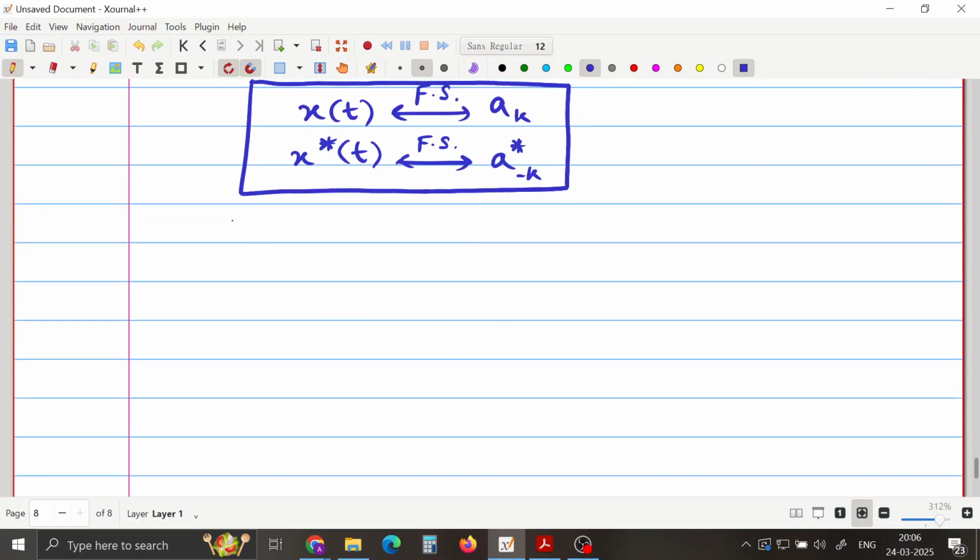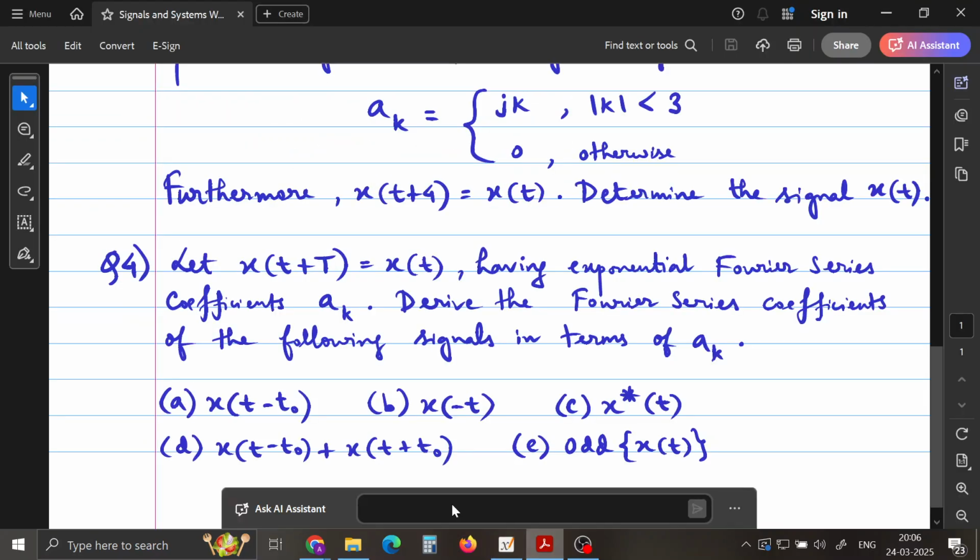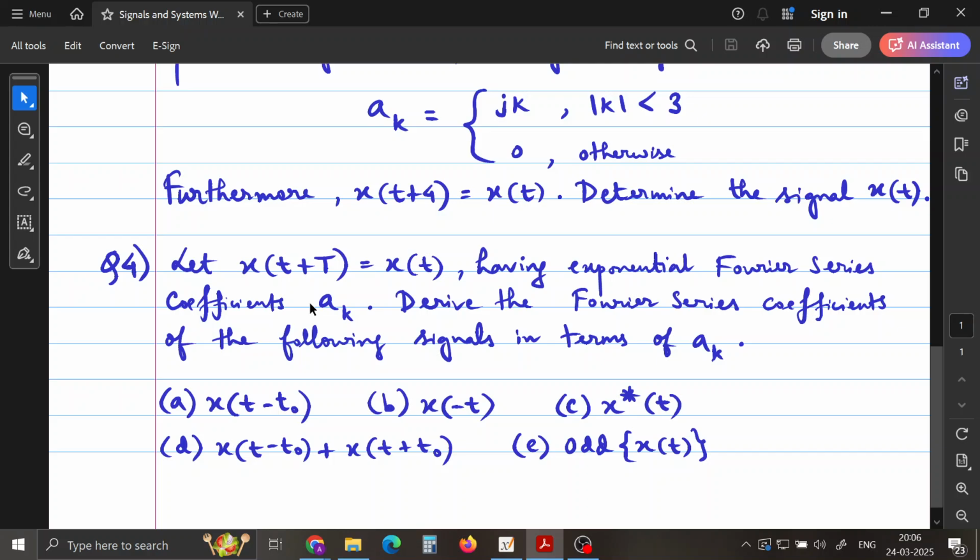All right. Now coming to part D. Part D is straightforward now because it is just a slight extension of part A. In part A we already found the Fourier series coefficient for x of t minus t naught, and in part D we are asked about a linear combination of such shifted signals.